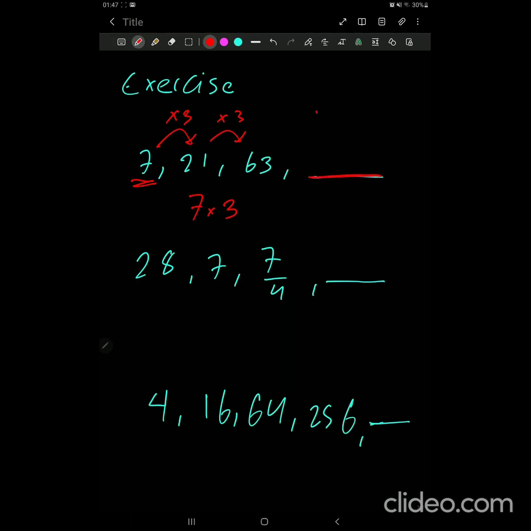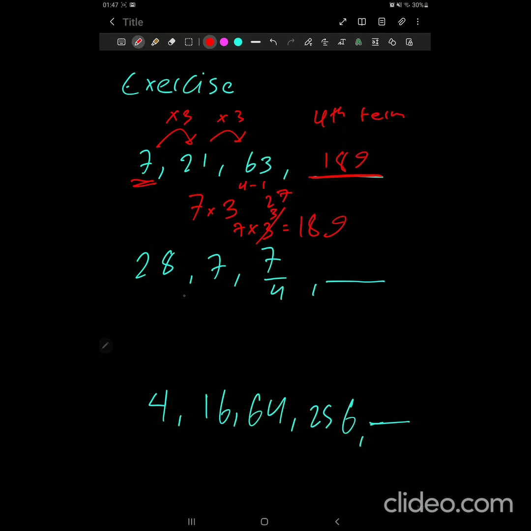This is the fourth term, right? So this is gonna be 4 minus 1, and it will be 7 times 3 to the power of 3, which is 27. 7 times 7, it will be 49. 7 times 2, it will be 14. It will be 189.